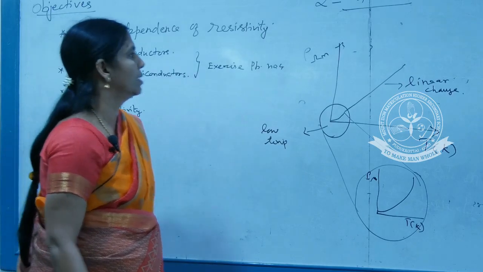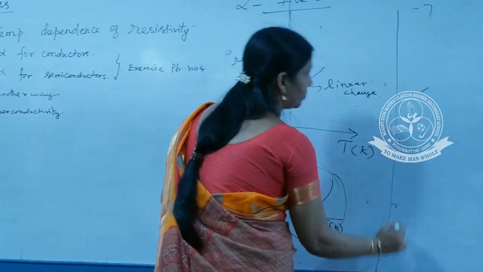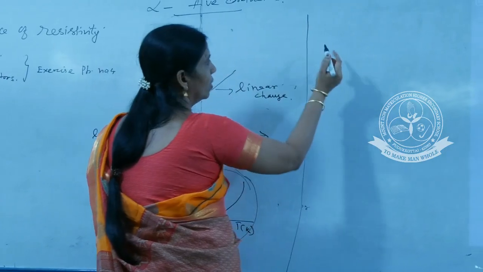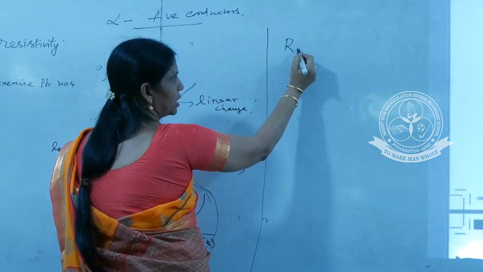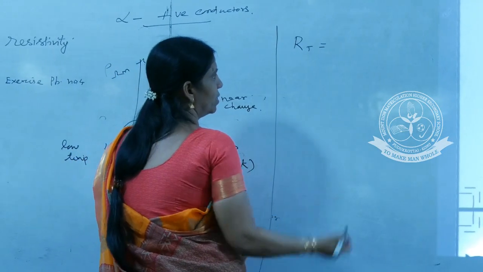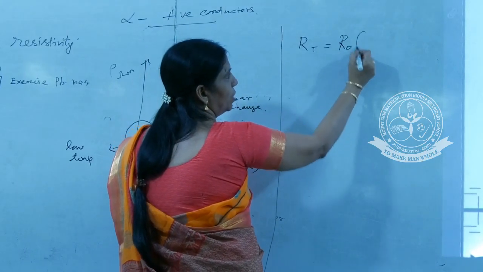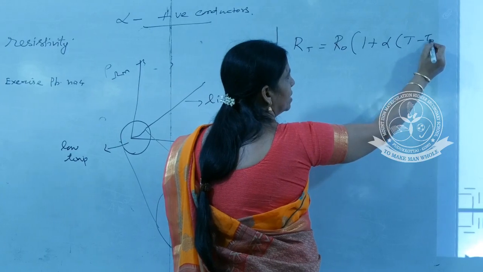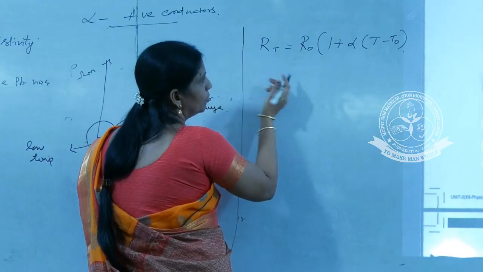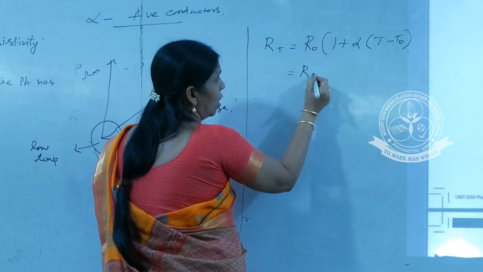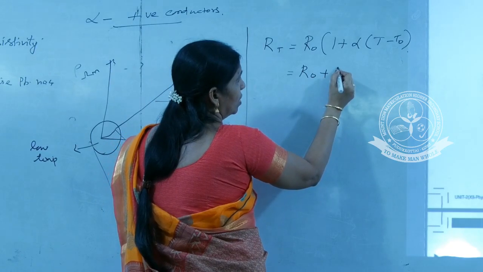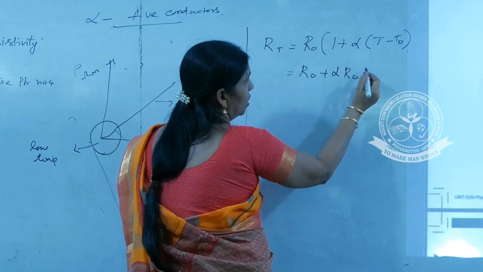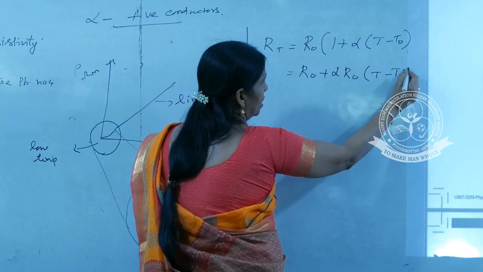So let us learn by comparing from the same expression: R T is equal to R naught into 1 plus alpha into T minus T naught, that is, R naught plus alpha into R naught into T minus T naught.